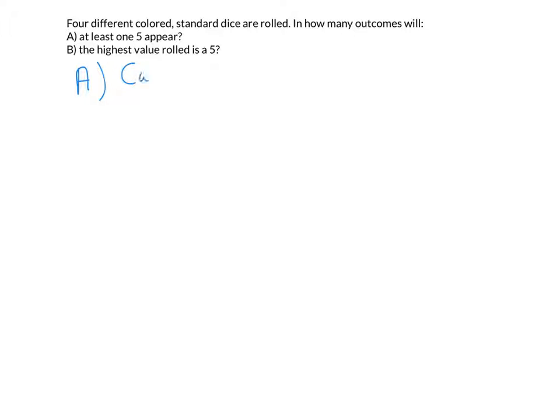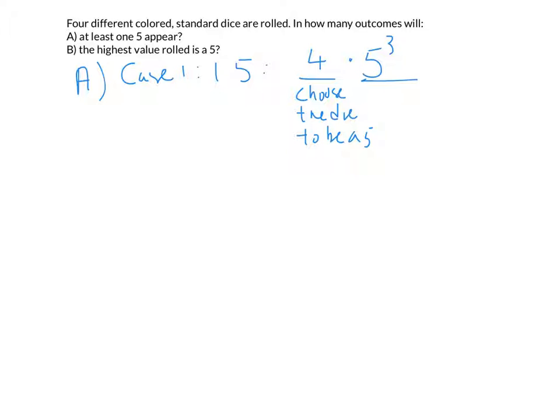So case 1, exactly 1 5. And so that would be 4 ways to choose which die is a 5, times 5 to the third, which is all the different ways that the other 3 dice can be not 5s: choose values for the other 3 dice, not 5s.